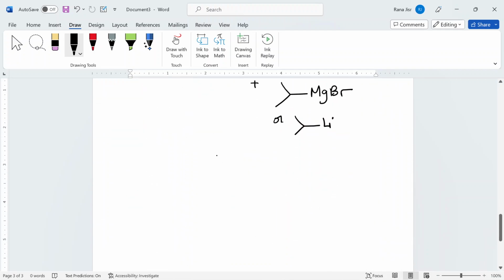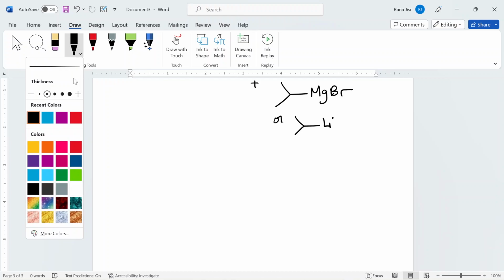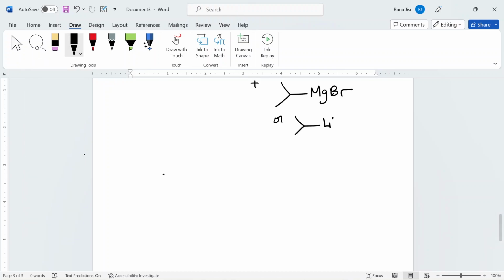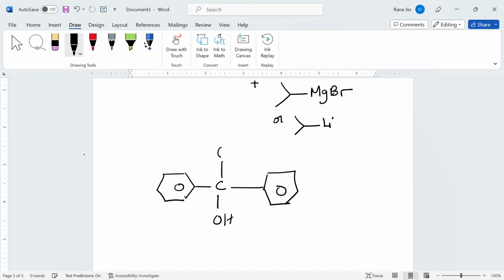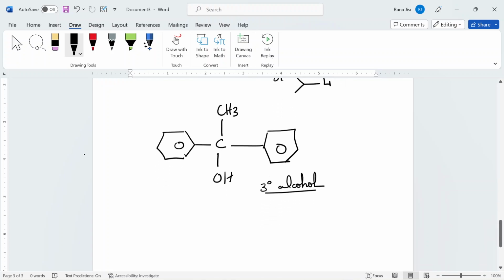Now let's say, for example, if I have a tertiary alcohol. Let's say if I have a phenyl over here. This is an OH. This is another phenyl in there. And that is a CH3. So this guy over here is a tertiary alcohol. And if it is a tertiary alcohol, then I have multiple routes I can go by.